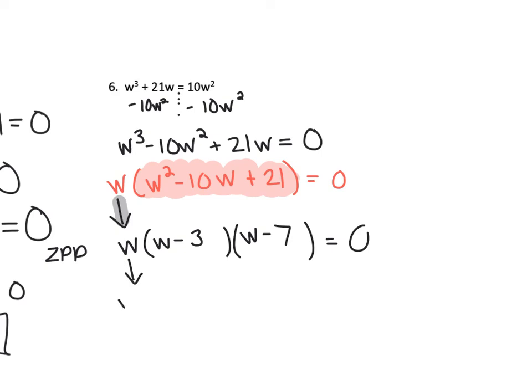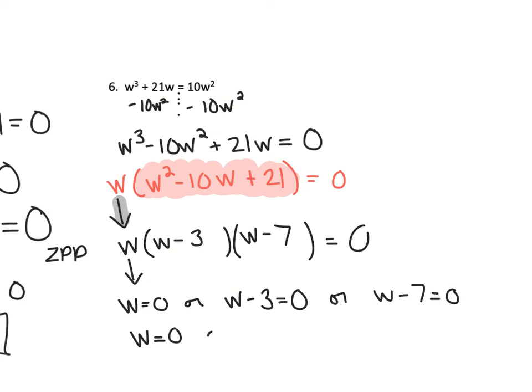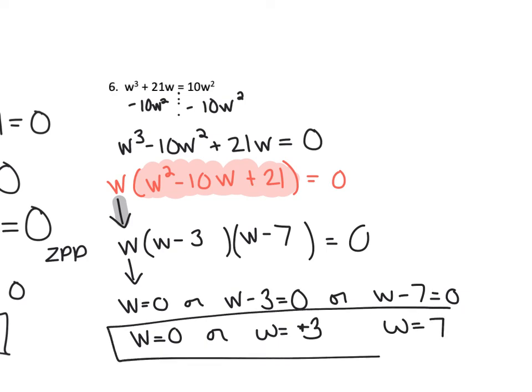Now I'm going to apply the zero product property since it's factored, and I get w equals 0, or w minus 3 equals 0, or w minus 7 equals 0. So my 3 solutions would be w equals 0, w equals positive 3 if I add 3 to both sides, and adding 7 to both sides, I get w equals positive 7.